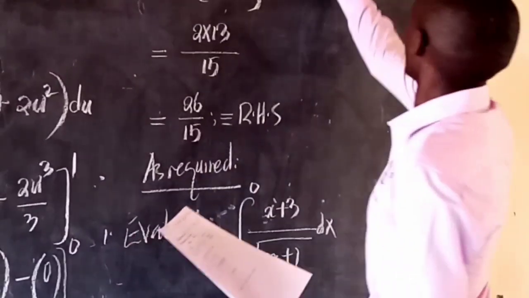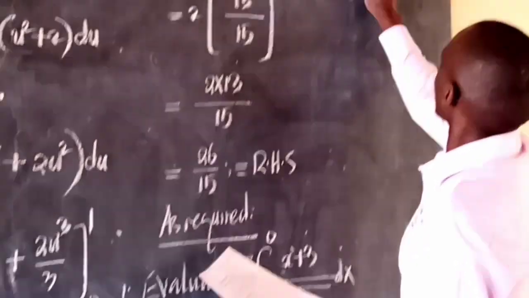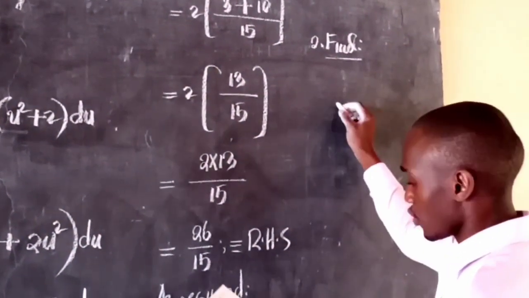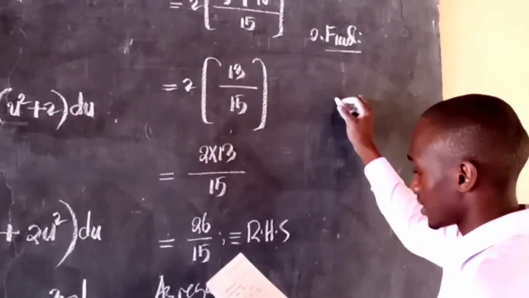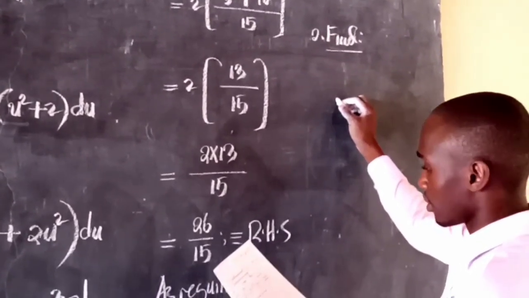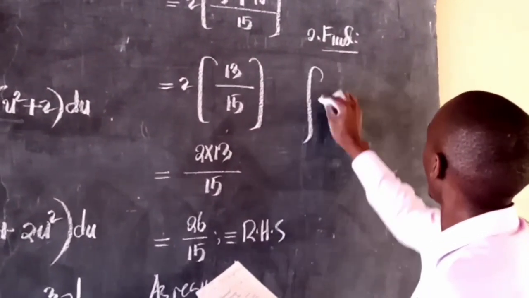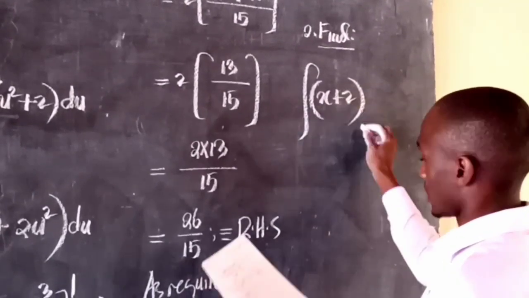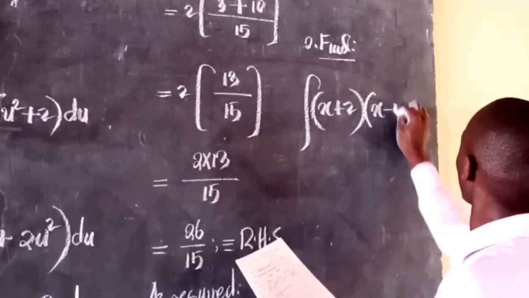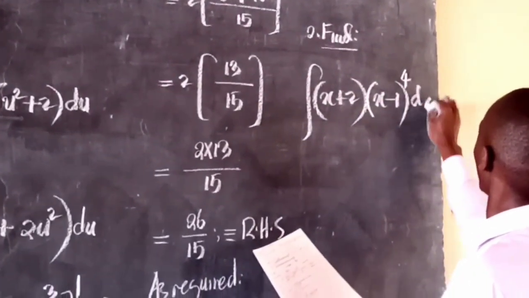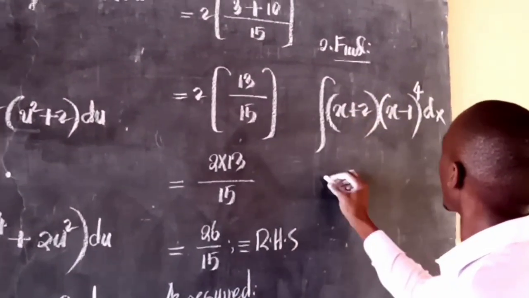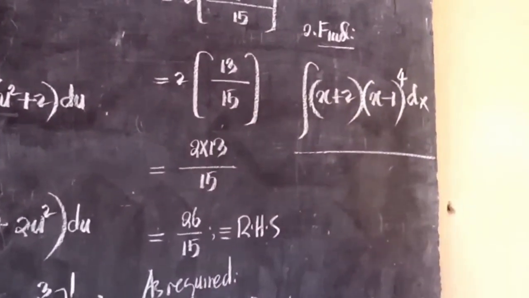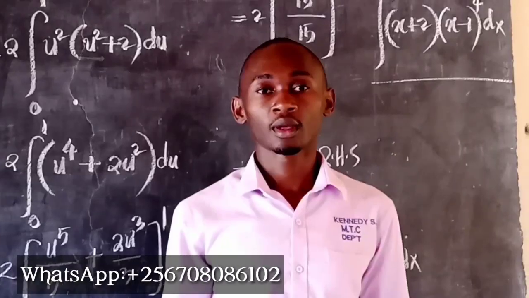And as well, feel free to find, I'll be waiting for your feedback, the integral of x plus 2 into x minus 1 power 4 dx. It's where we'll begin from our next episode.